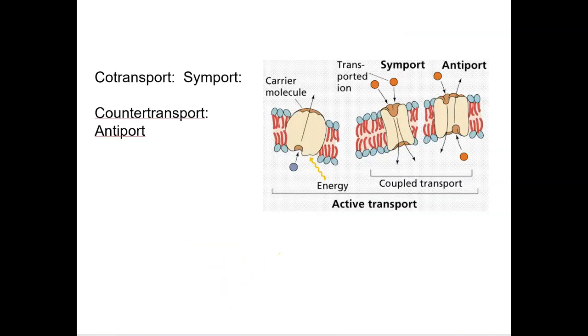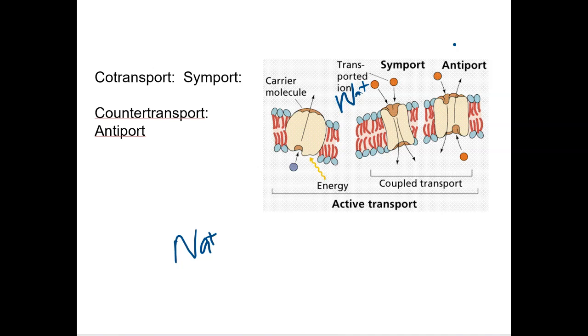When we look at active transport, we have a couple things that can happen. We can have co-transport, which is known as symport. So this is when you have two molecules, they bind to the receptor and they go together. Or you can have antiport, which means they go in opposite directions. A lot of our active transport mechanisms are typically going to use a sodium with something else. In fact, you're going to notice there's going to be sodium transporters.